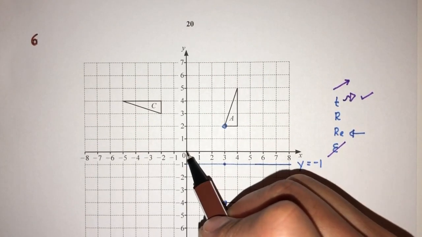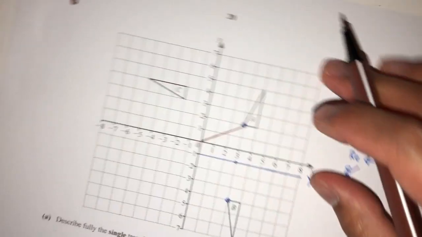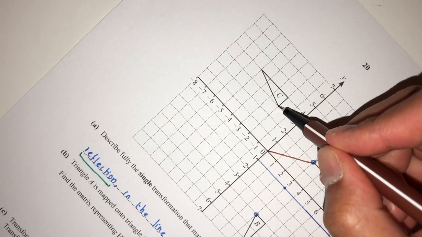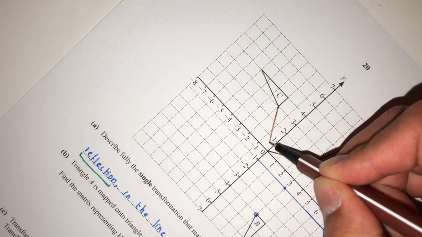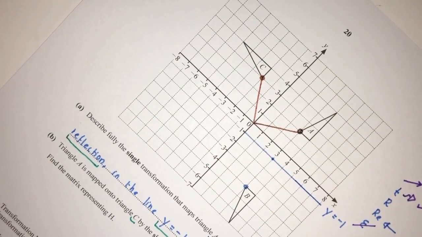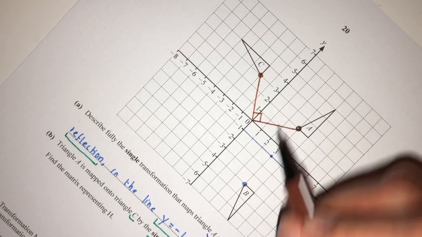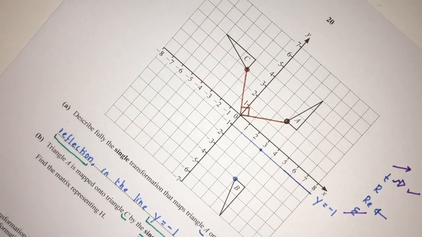This point became this point, right? So we understand that these two are corresponding points. By observation, if you were to measure this angle, it will be 90 degrees.